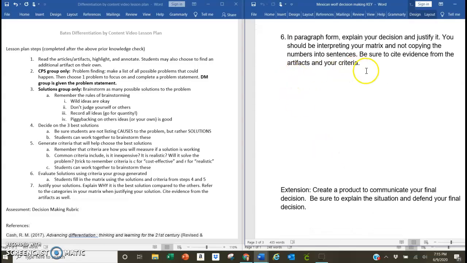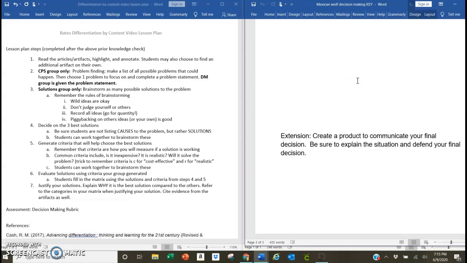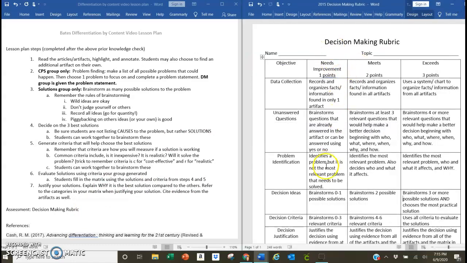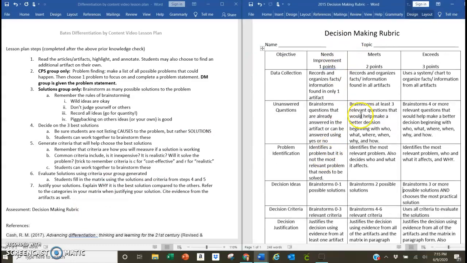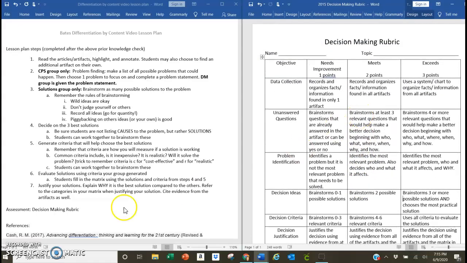Then they explain their decision using justifications from the artifacts, and finally communicate that decision. They get some additional choices in how they want to communicate it. Students will be assessed using the decision-making rubric, and that's it.